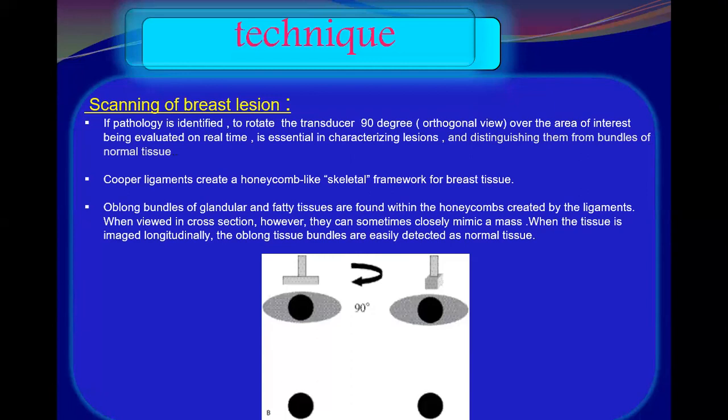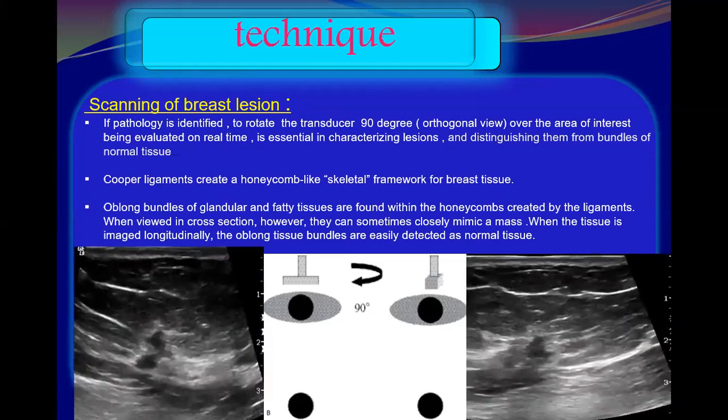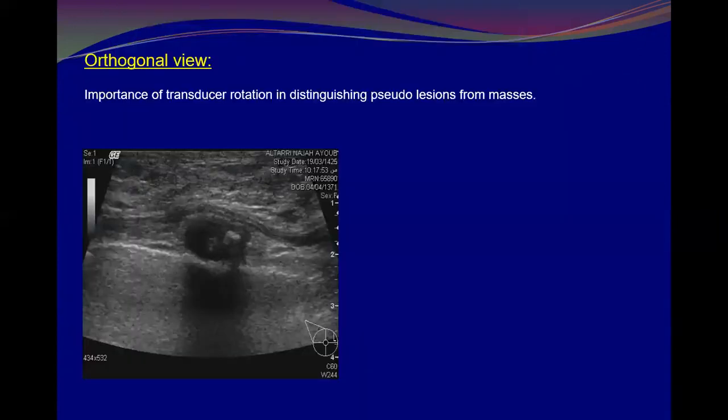We have to remember that Cooper ligaments can sometimes appear as honeycombing, and fibroglandular tissue within this area might mimic a mass, as we have seen in the previous examples. And when this is a small lesion and we angulate the probe 90 degrees, the extent of the lesion is larger, the maximum extent when the transducer is perpendicular, in the orthogonal view. This is the importance of the orthogonal view.